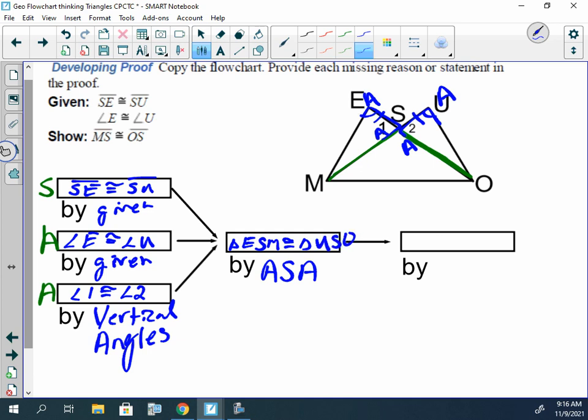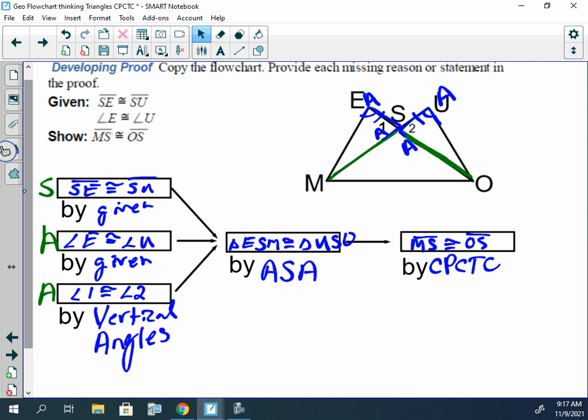Does it really matter how I set up the first triangle? No, we just need a way to name one of them and then have the other one follow in the same pattern. Then what were we wanting to prove? MS is congruent to OS by CPCTC. Questions on this here?